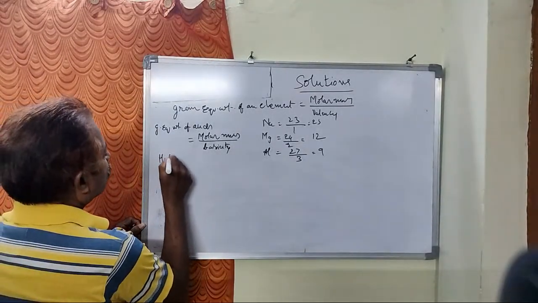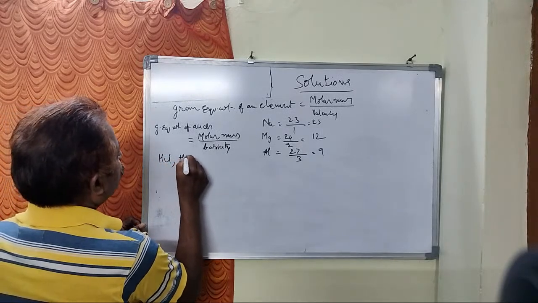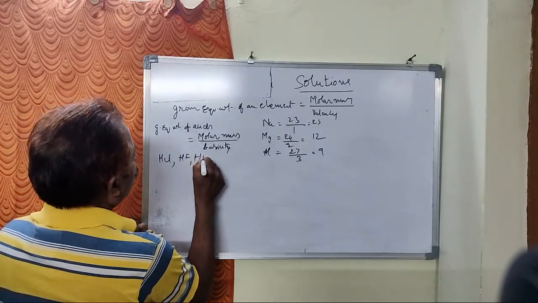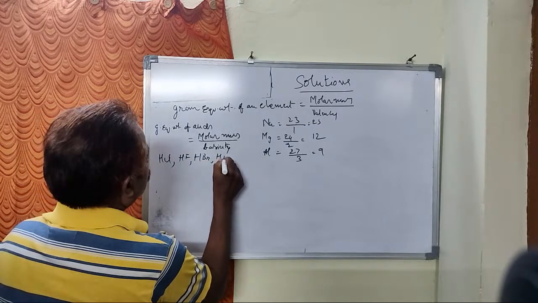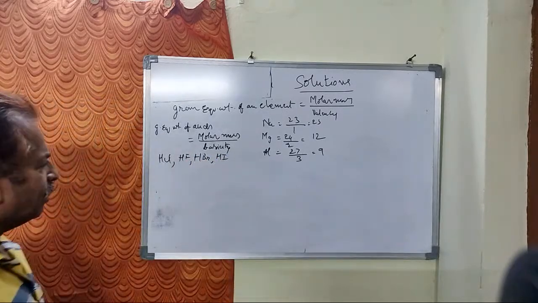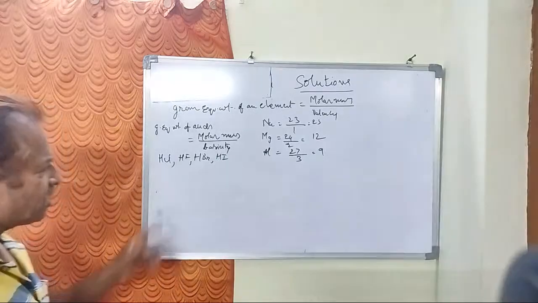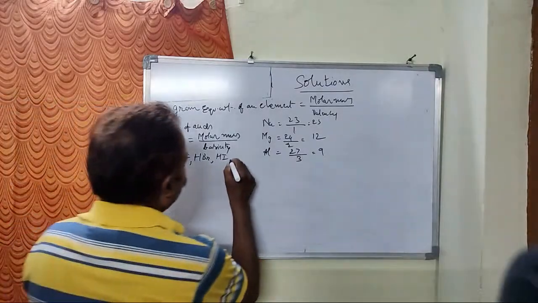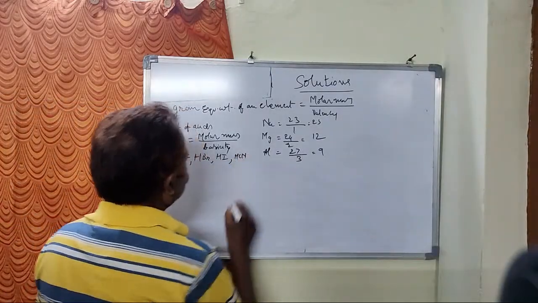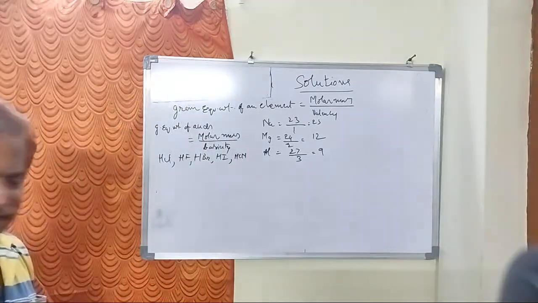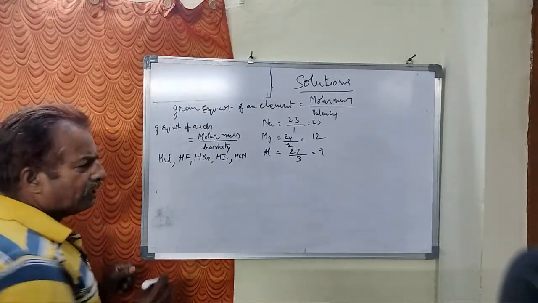For example, in HCl, HF, HBr, HI, all these are the hydrogen halides. These are referred to as hydracids. Also HCN, hydrogen cyanide. In all these acids, only one replaceable hydrogen ion is there.